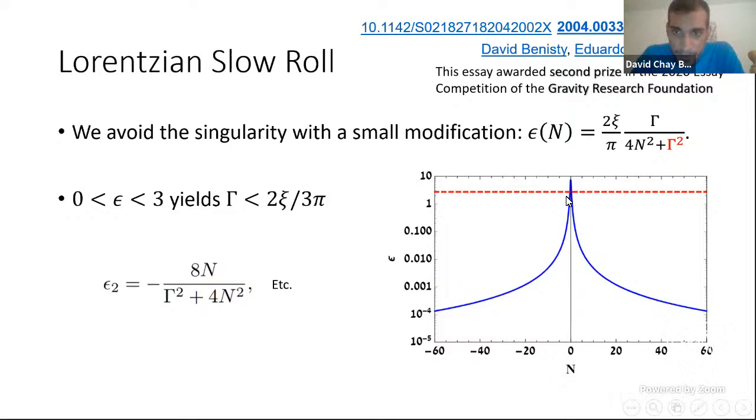But then you have some point in the history where epsilon is approaching 1. From this kind of construction, you can find quintessential inflation models. And this was a very nice idea that got the Gravity Research Foundation prize in 2020.